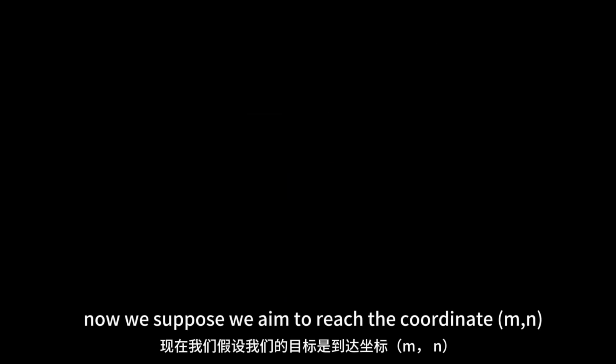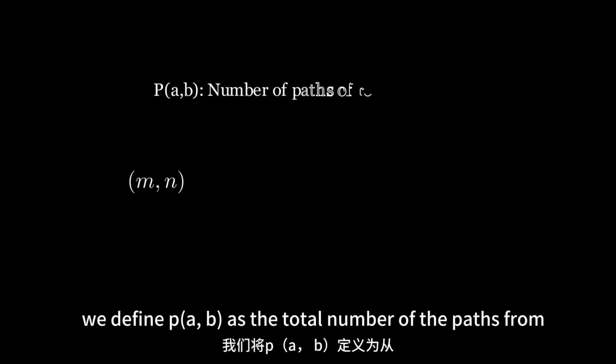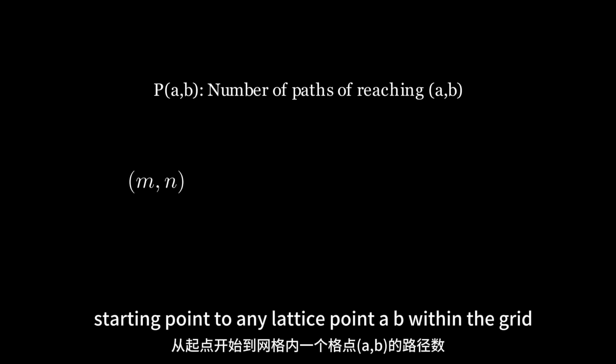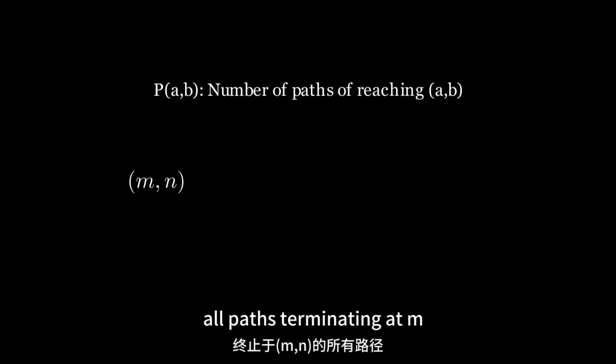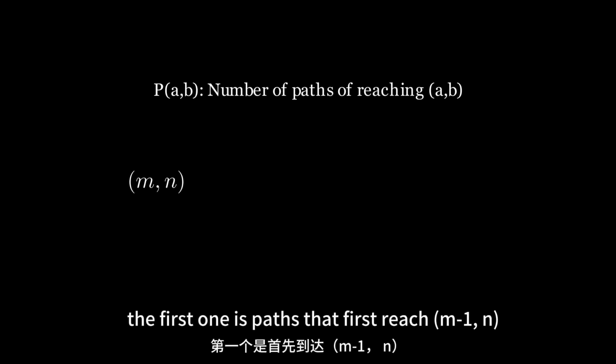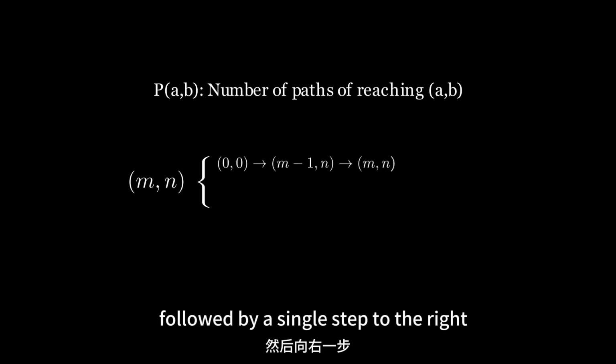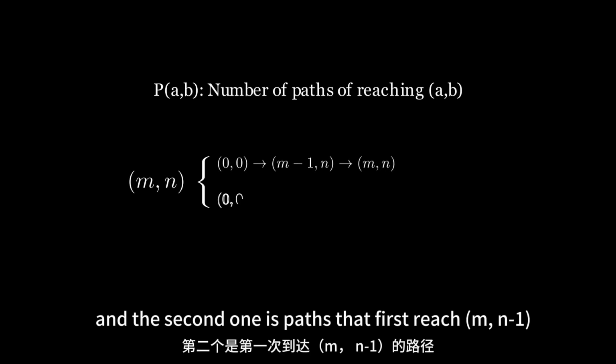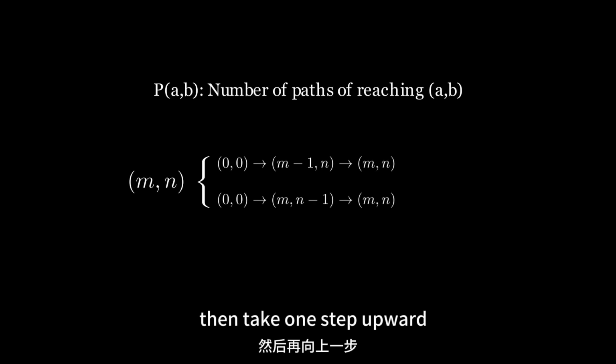Now suppose we aim to reach the coordinate (m, n). We define P(a, b) as the total number of paths from the starting point to any lattice point (a, b) within the grid. All paths terminating at (m, n) fall into 2 disjoint categories. The first is paths that first reach (m-1, n), followed by a single step to the right. And the second is paths that first reach (m, n-1), then take 1 step upward.